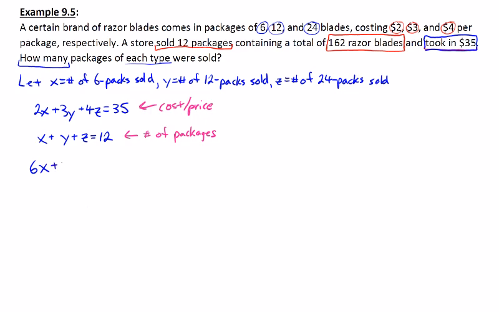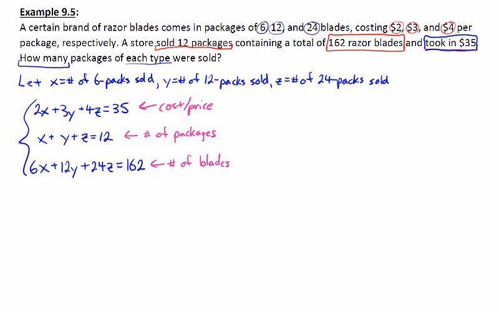Then I can do the same thing with 12 times Y, and also the same thing with 24 times Z, giving me a grand total of 162 razor blades. So this gives us an equation based on the number of blades that were sold, not just the number of packages that were sold. So there's your system. All 3 equations going with our 3 variables.